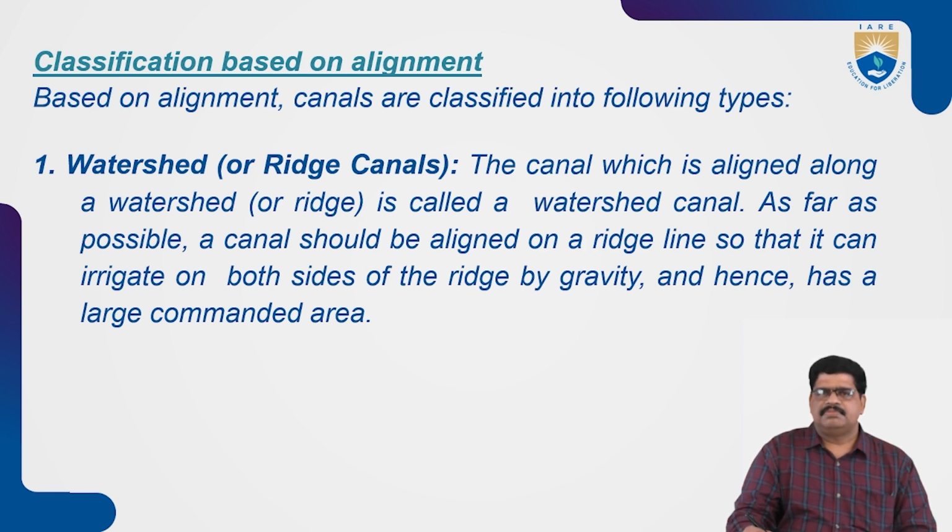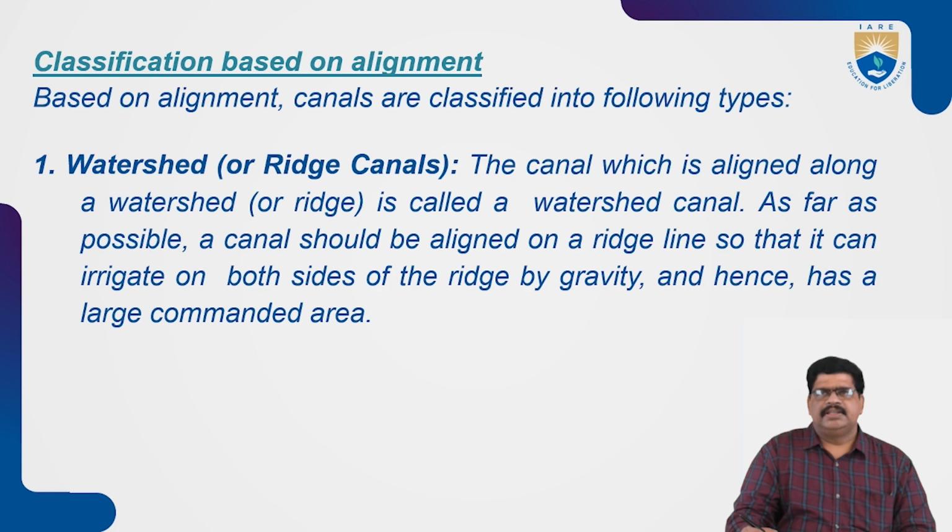A ridge canal is provided along the watershed of the canals. As far as possible, the ridge canal is aligned so that it can irrigate both sides of the ridge by gravity, and hence it has a large command area for cultivation. It is called a ridge canal.